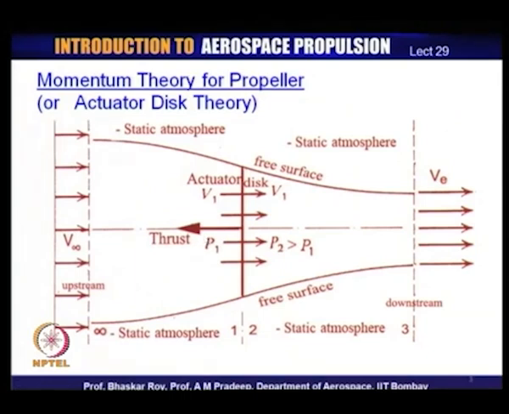So, this thrust creation is now entirely due to the change in pressure across the actuator disk, and after the flow leaves the actuator disk, it continues to flow downstream and acquires uniform flow far downstream with a velocity Ve. So, this Ve would have to be, as per the thrust creation principle that we have studied before, in any form of jet propulsion, somewhat more than Va or V infinity.